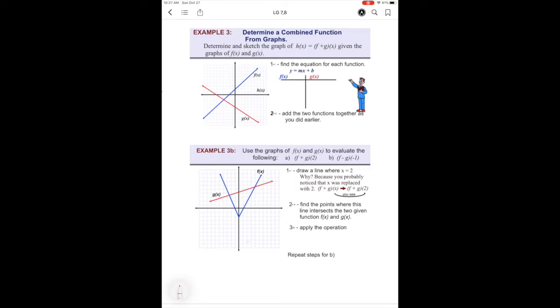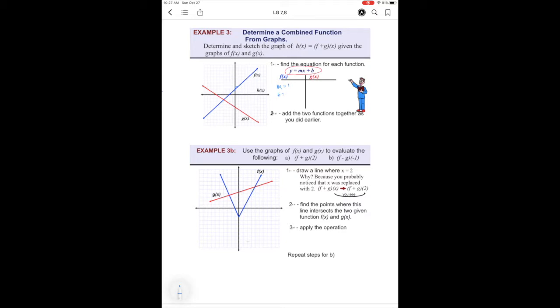All right, the next set we're doing here is we're trying to look at a picture of functions to get an equation. First thing we have to look at is, is it linear, is it quadratic, what kind of function is it? The blue line, the f of x, is a linear line. So let's find the slope. The slope of the line goes up and over 1.